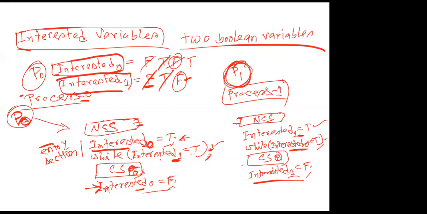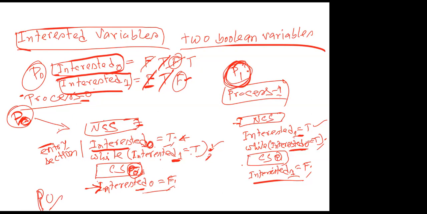If P0 is currently inside the critical section and P1 now enters it, then it doesn't satisfy mutual exclusion, meaning two processes can be inside this critical section. Now in this situation P0 is inside this critical section, and this process got preempted by the CPU, and the operating system executes process P1. Now let's check whether P1 can enter this critical section or not.